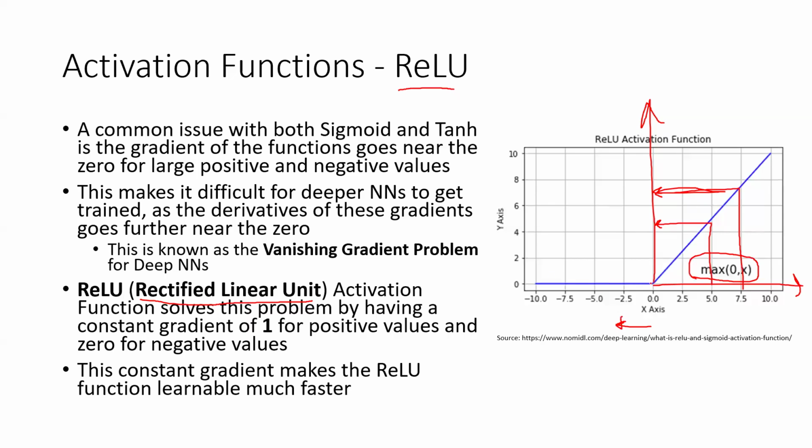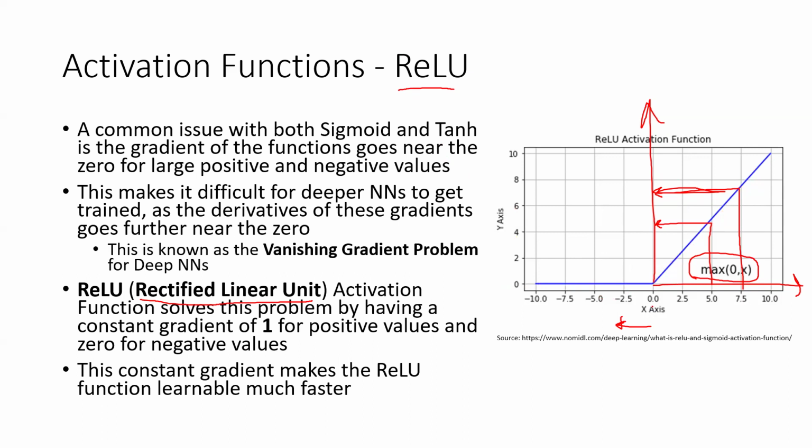You may think whether it is actually a nonlinear function. Actually, this is nonlinear because it is linear only when the value is greater than 0. When the value is lesser than 0, it is different, right? So because of that, this whole ReLU function is not a linear function.